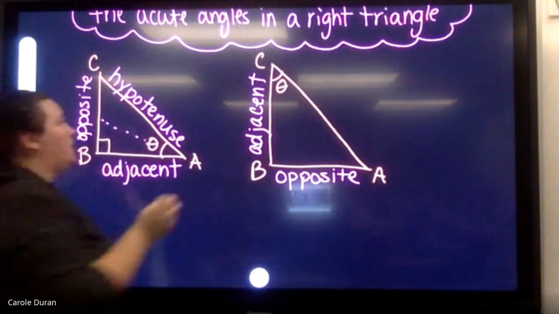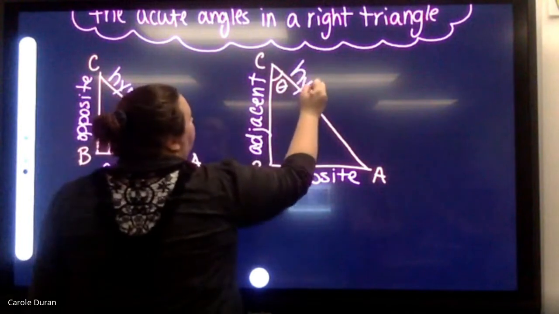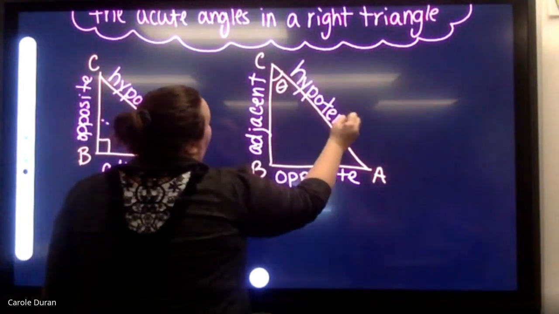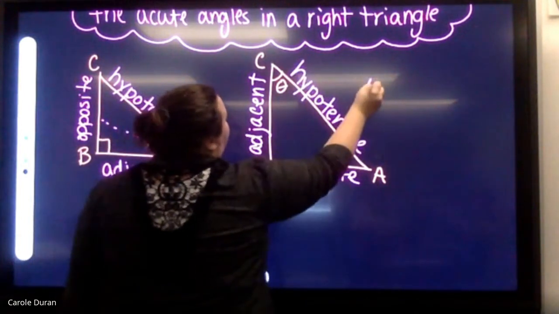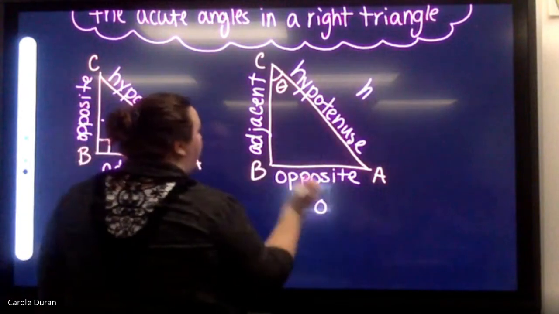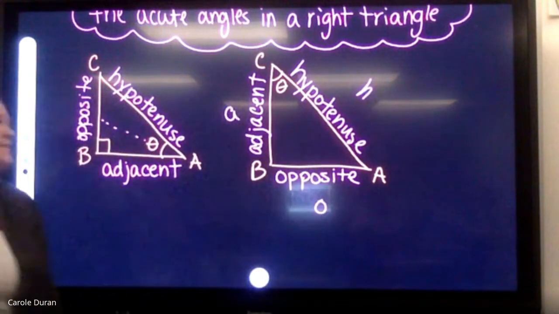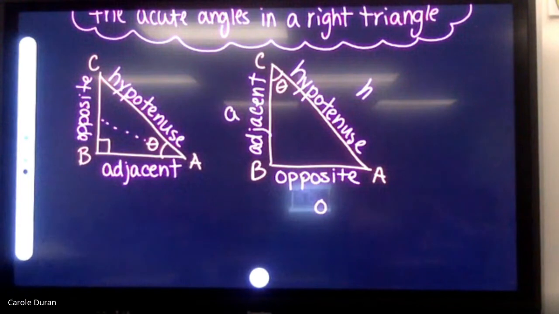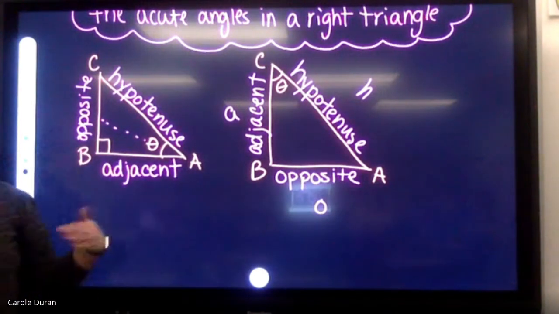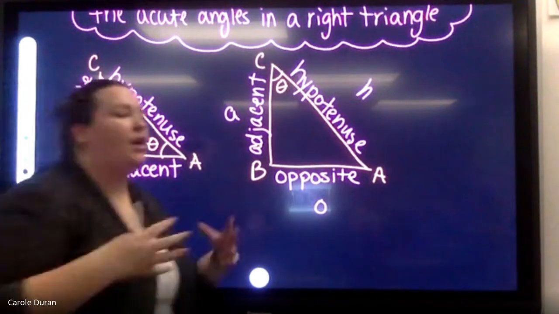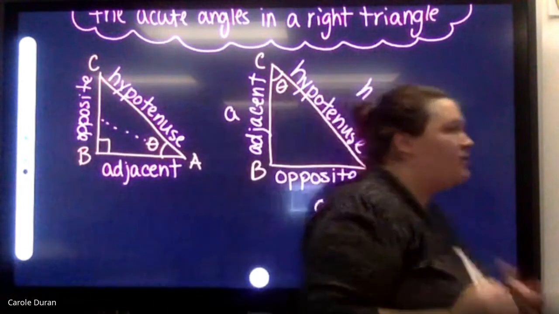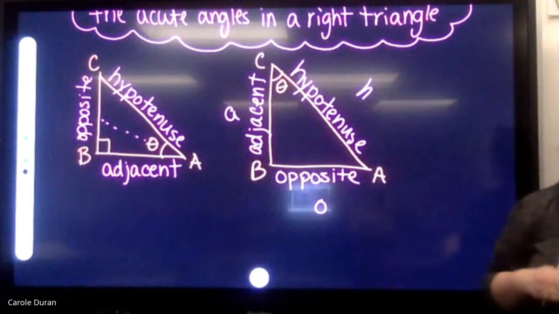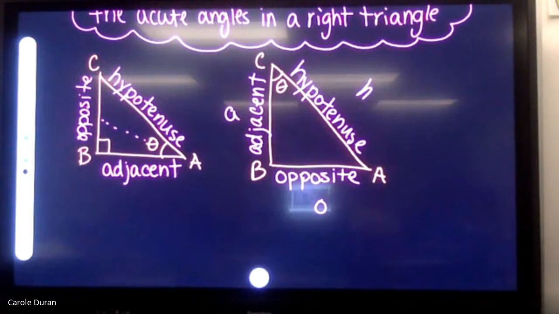Hypotenuse. If you get tired of writing this out all the time, because I do as well, you can abbreviate them. H can be hypotenuse, O can be opposite, and A can be adjacent. Opposite and adjacent will change depending on which angle I'm considering for my trig function. Please do not forget that. The hypotenuse will never change.